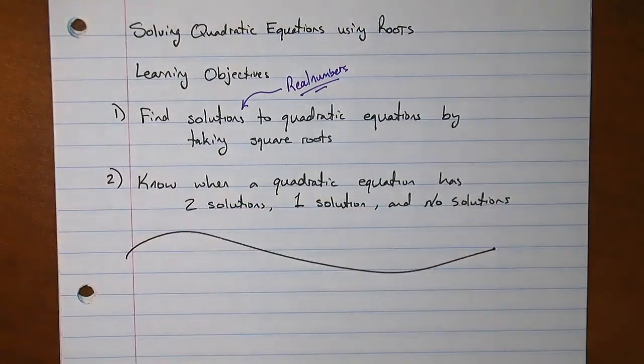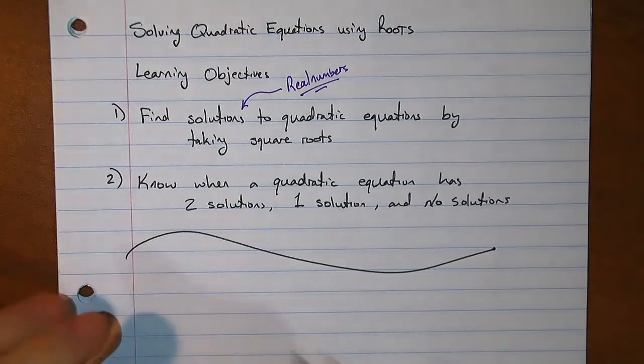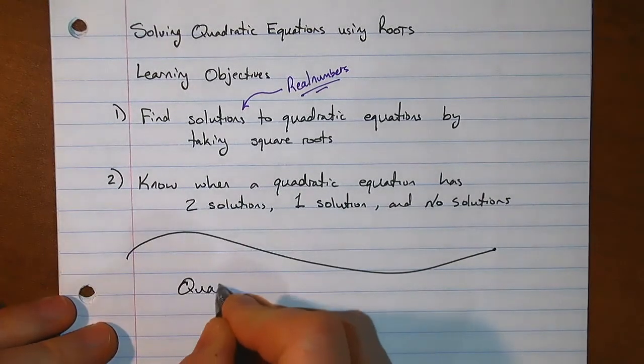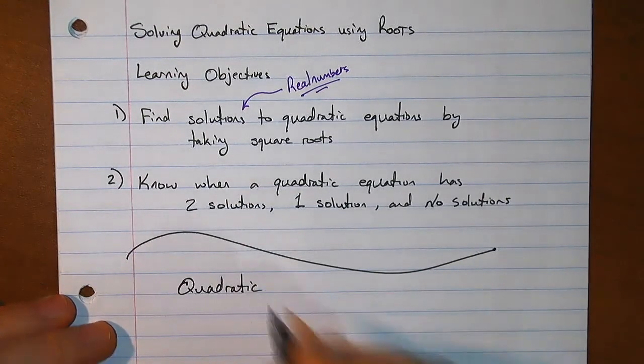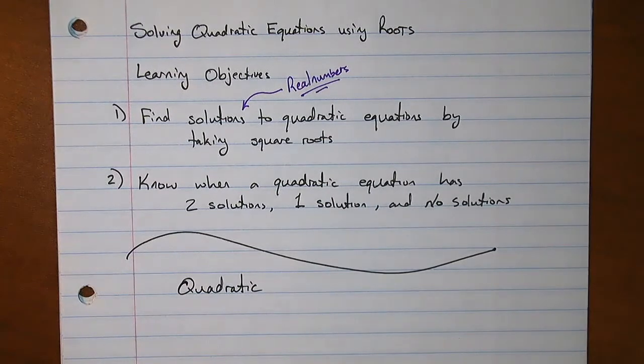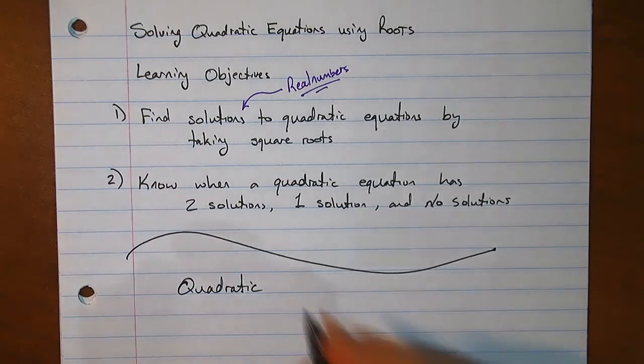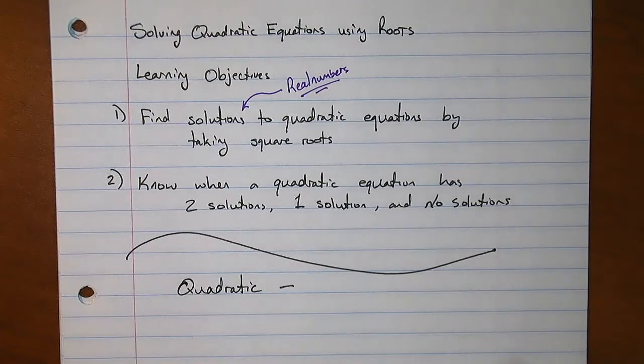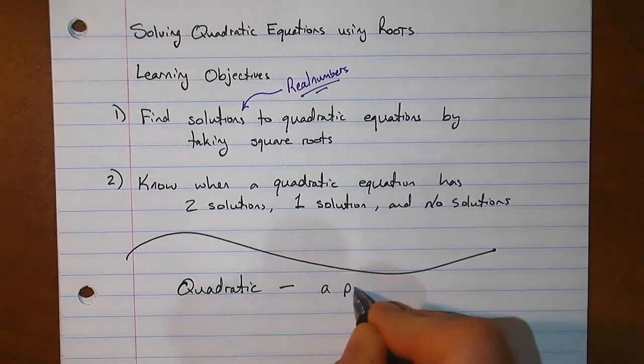Okay, so first of all, let's start with the word quadratic. You're going to want to know what quadratic means because we're going to be spending a whole week talking about quadratic equations. And later in the school year, we'll talk about quadratic functions and quadratic graphs. And that word is a word that's going to come back over and over again. So quadratic is a special kind of a polynomial.